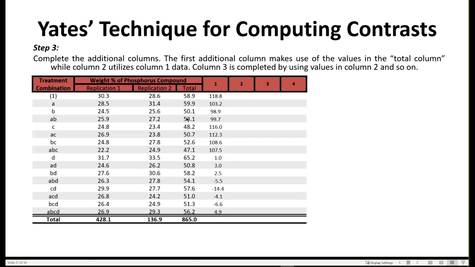Then this 3 is 53.1 minus 50.1. And this 2.5 is 50.7 minus 48.2. So we go by pair, and the pair moves along.